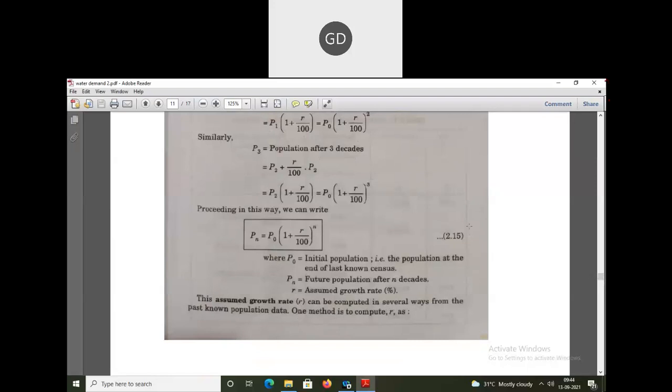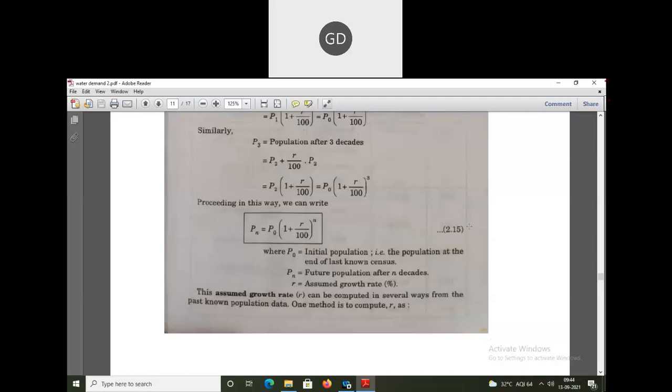Here a new term appears in the geometric increase method, that is R. R is the assumed growth rate, and for finding R we have other formulas. N is the time in decades. To find the assumed growth rate R, we have three kinds of formulas.